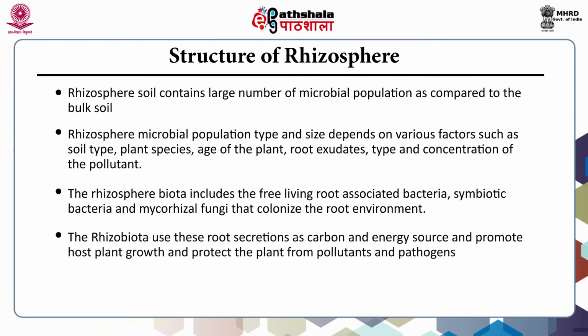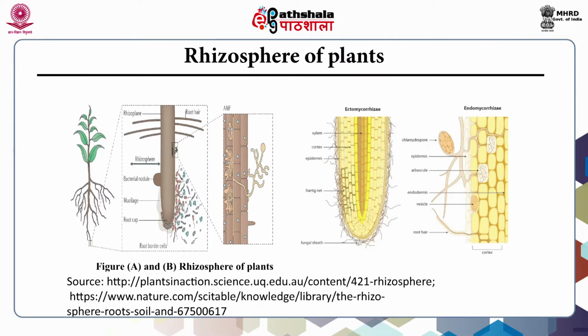The rhizobiota use these root secretions and grow and proliferate in that particular area. Generally, the rhizosphere microorganisms protect the plant from pollutants and pathogens. Actually, there exists a symbiotic relationship between the rhizospheric microorganisms and the root.